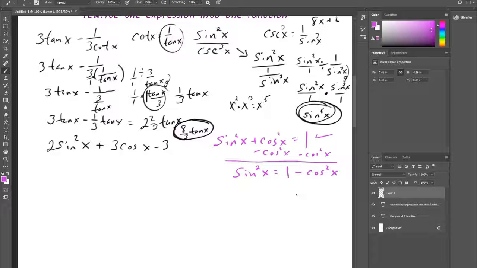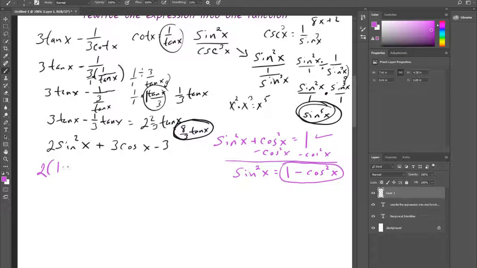Now what I can do is take what I'm circling right there and put it in place of that. That way I'll turn everything into cosines, which is what this whole assignment is about, rewriting it into one trig term. This 2 here is a coefficient, so it is going to multiply whatever I put there.